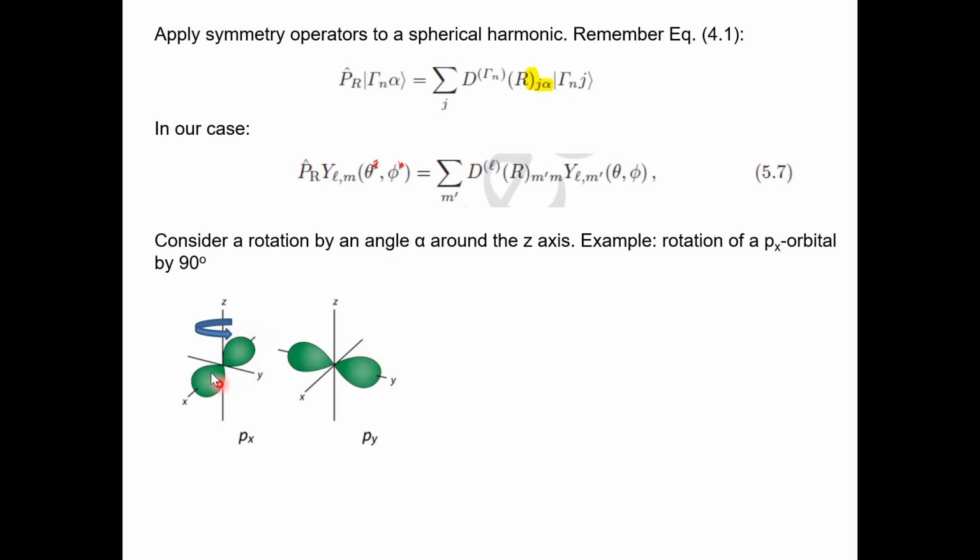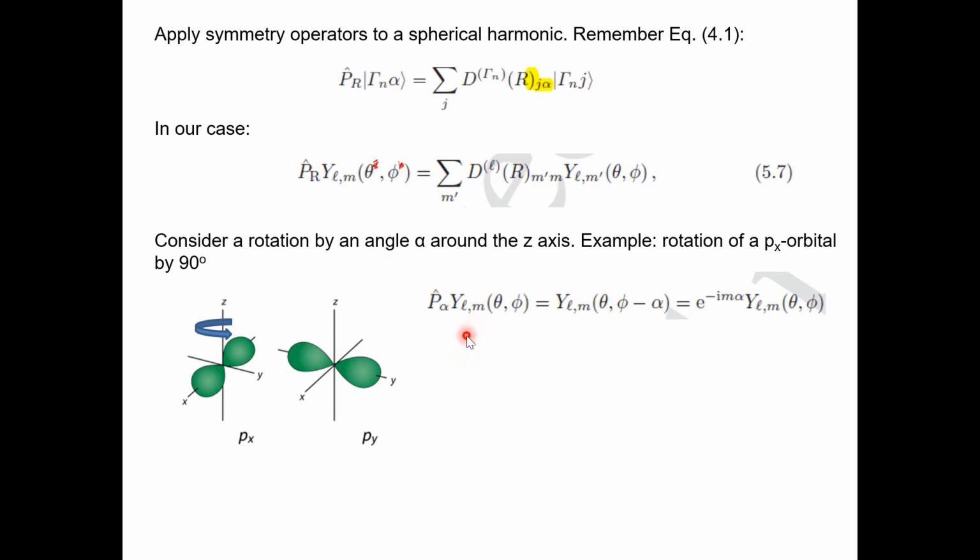It's not a very good example, because p_x and p_y are actually linear combinations of m equals +1 and m equals -1. But just to give you an idea what I'm talking about, for a general case, I want to see what is the result of applying a certain rotation. Actually, I'm going to place the axis of rotation around the z-axis. I can always do that.